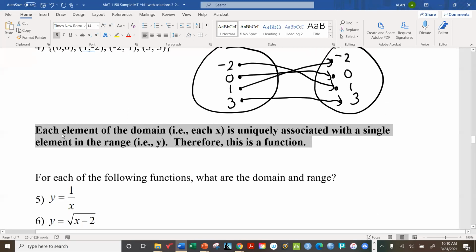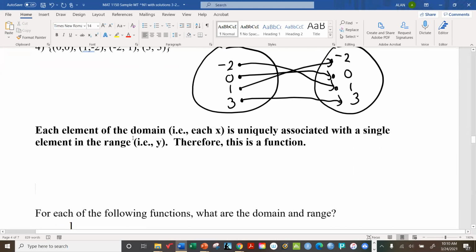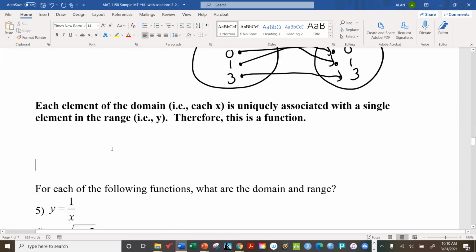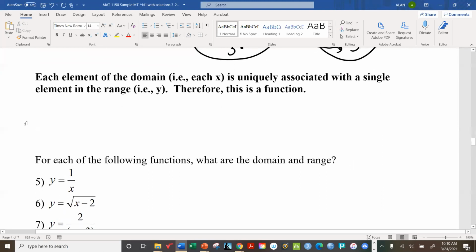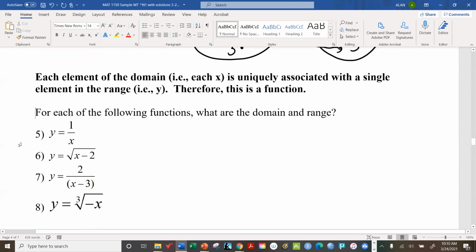Now, later on, when you're dealing with more advanced cases, we saw the horizontal and the vertical line test. We'll get back to that later on in these questions. Now, here we're looking for domains and ranges. This sometimes can be a bit of an art.